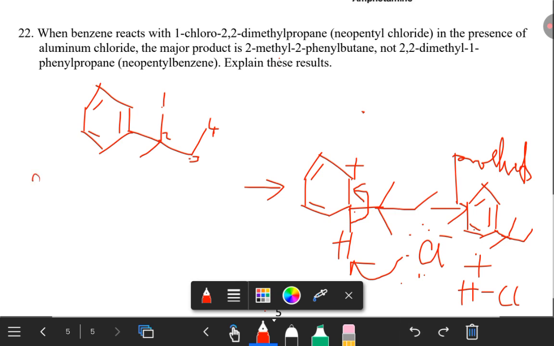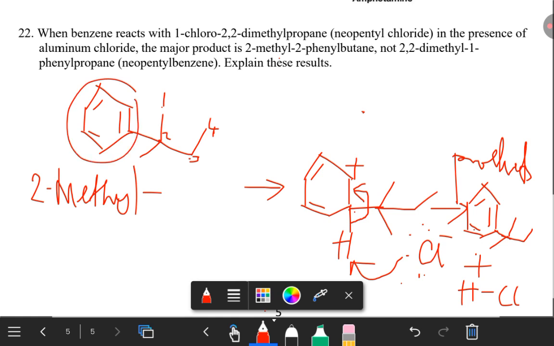At carbon number 2 we have a methyl, so it will be 2-methyl. Then at this same carbon number 2 we have a phenyl, so again 2, then we're going to say phenyl.